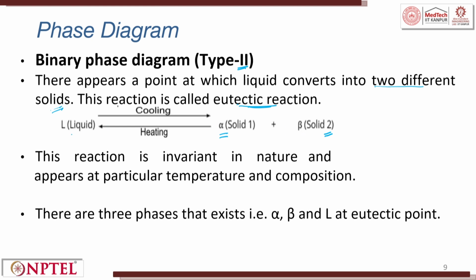While heating, it gets back into liquid. This reaction is invariant in nature and appears at a particular temperature and composition. There are three phases: alpha phase, beta phase and liquid at the eutectic point.